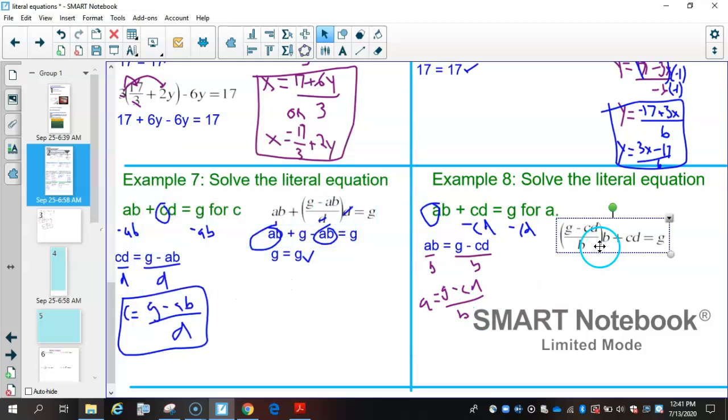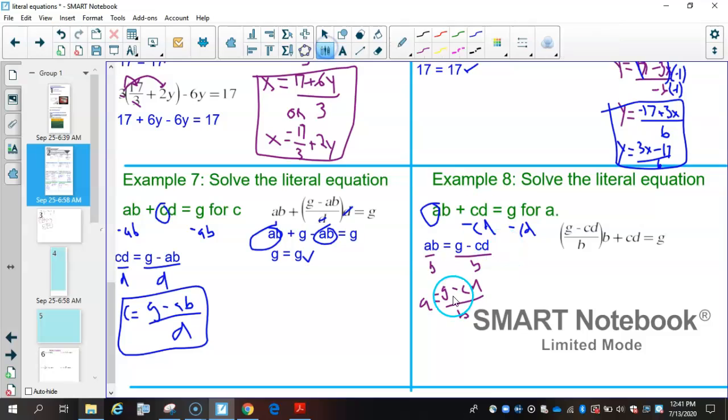So I put this back in for A. And then, oops, wrong thing. Because this B is being multiplied to this entire fraction, these B's cancel, become 1, where they divide and become 1.